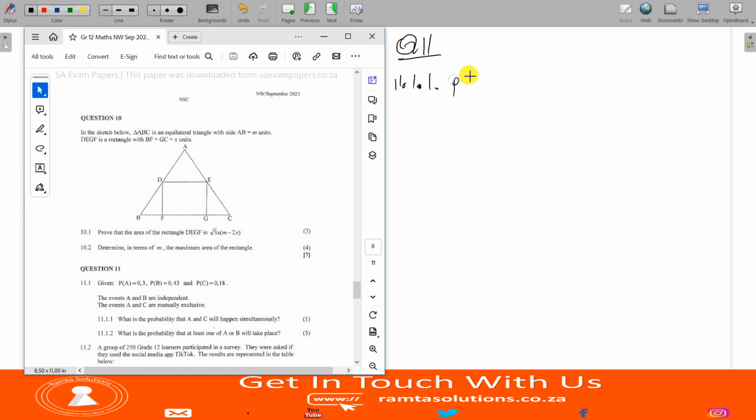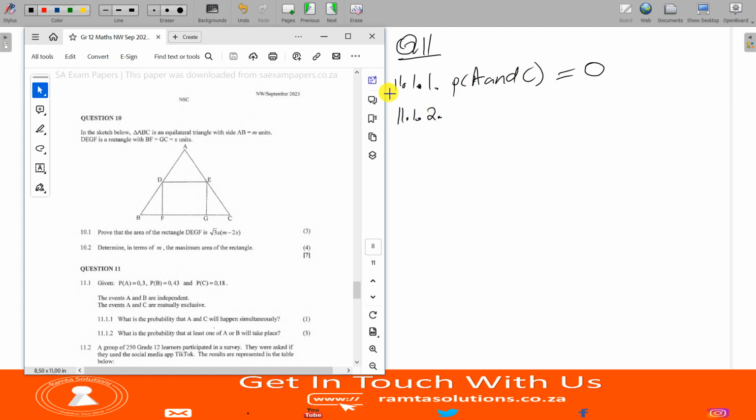This is basically asking for the probability of A and C. This is 0, because they said they are mutually exclusive. Remember, for mutually exclusive events, the probability of A and C will be 0.